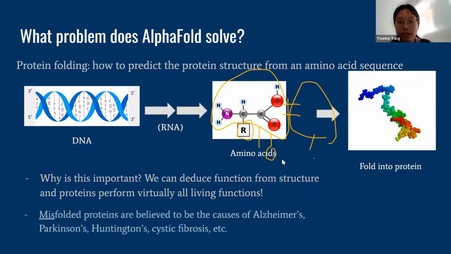But sometimes these things do have bad effects on you, and you could have misfolded proteins that cause a lot of degenerative diseases like Alzheimer's, Parkinson's, Huntington's, etc. And that is why we care about predicting the structure of protein just from the amino acid sequence.